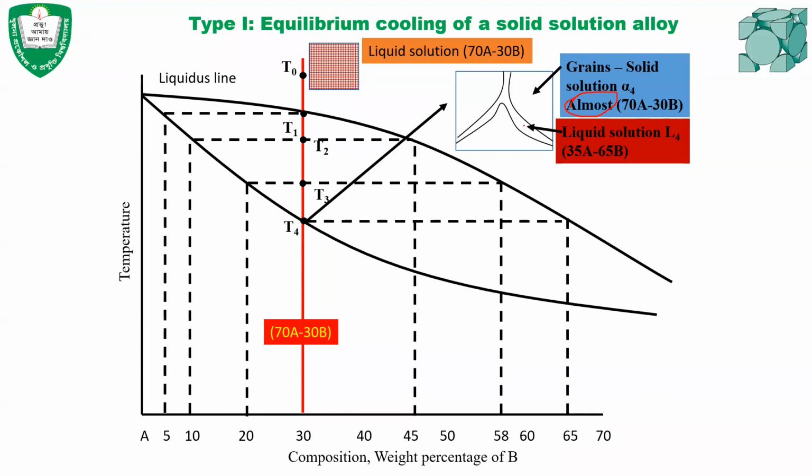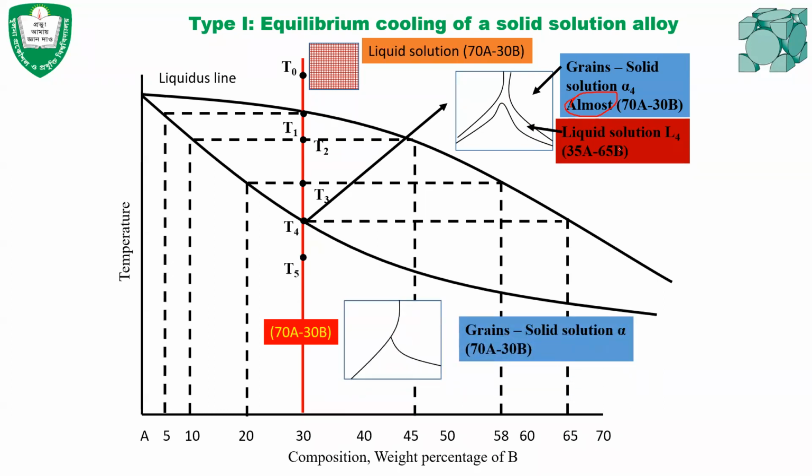And then there will be liquid present at this line, and that liquid will have a very high percentage of B: 65% B and 35% A. When the temperature drops more, the B from the liquid on the grain boundaries diffuses to the solids to make it 70A30B.